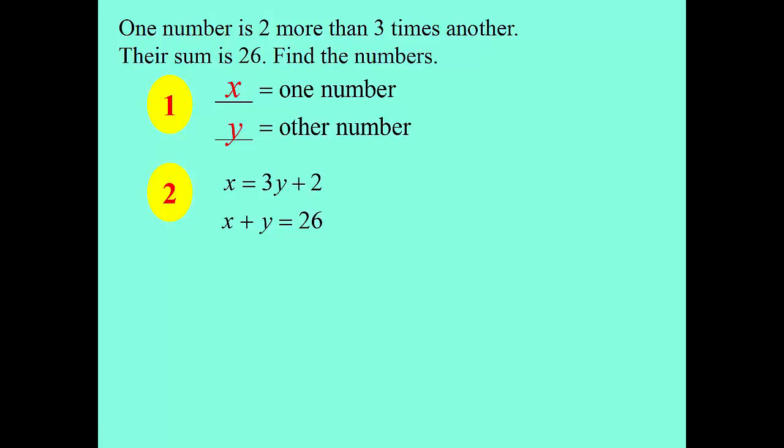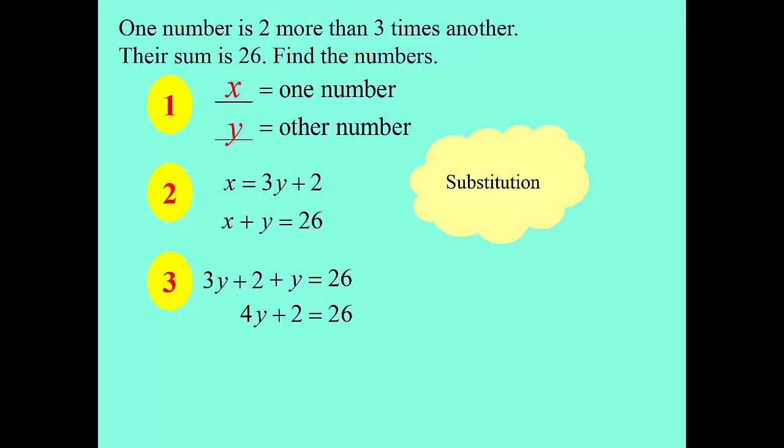Now I'll solve this one by hand using the substitution method. If we take the first equation, which is already solved for x, and substitute that into the second equation, and then finish solving, we get one of the 2 answers.